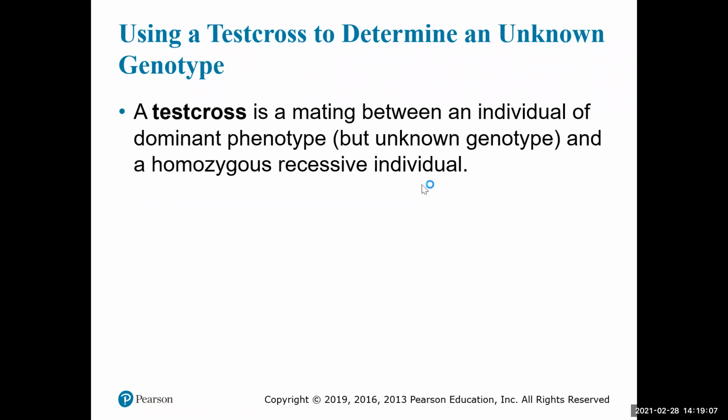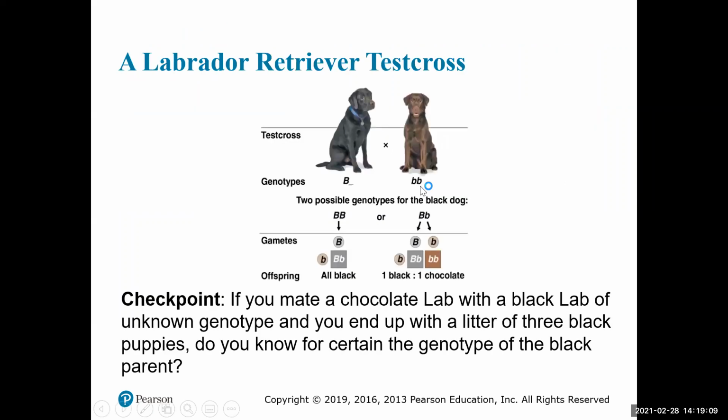So continuing with our example from the lab example, we know that black coat color is a dominant phenotype, and we know that brown coat color is recessive, and so that means that the dog with the brown coat color can only have one genotype.